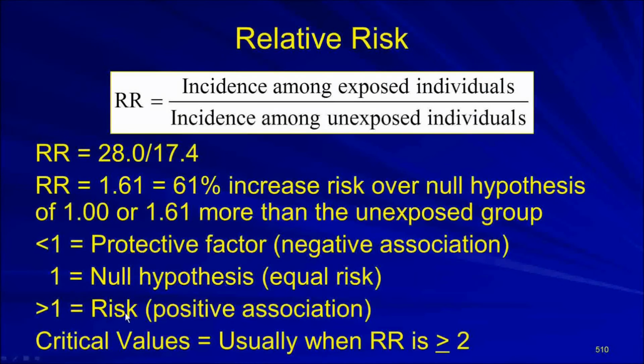And if it's greater than 1, in this particular case, you're at risk. But generally, what we consider a critical value for really being at risk is 2, which means you're at 2 times the risk for a particular risk factor. So you're double the risk. That's another way to say it.